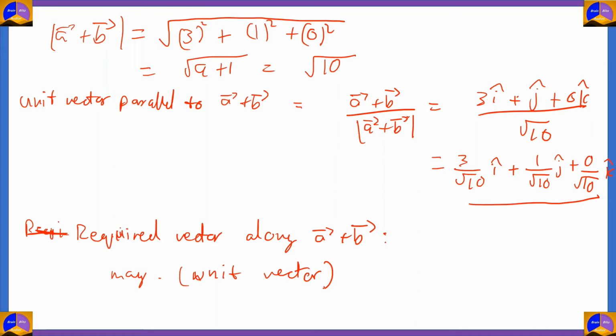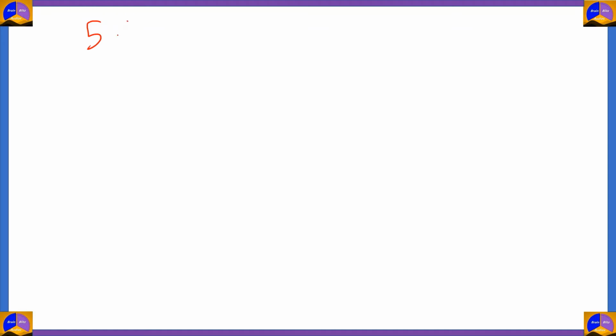A vector is the product of its magnitude and its unit vector. And so using that, we can find out our required vector. The magnitude is 5 units and the unit vector is 3 by root 10 i plus 1 by root 10 j plus 0 by root 10 k.